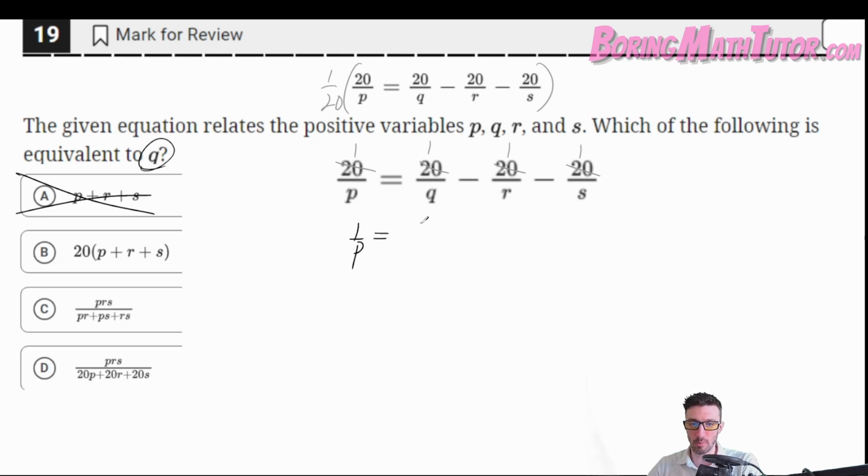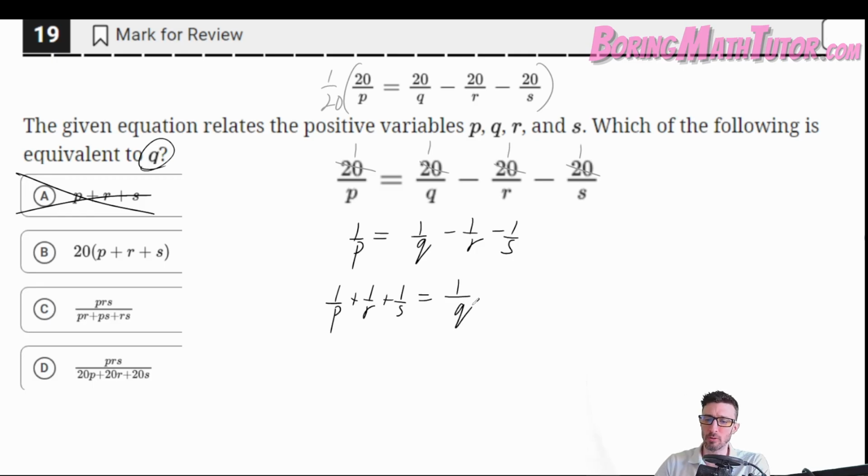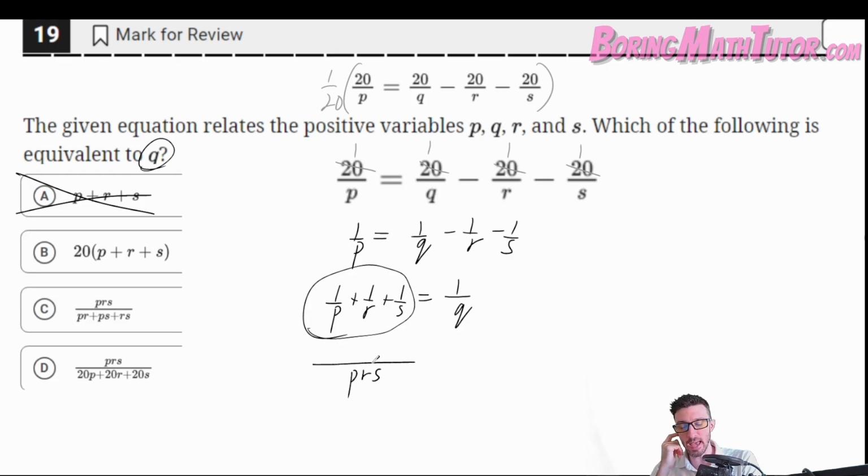We need to start by leaving it as 1 over P equals 1 over Q minus 1 over R minus 1 over S. Now we're trying to solve for Q, so there's a couple of things I could do. One is I do 1 over P plus 1 over R plus 1 over S equals 1 over Q. And now I want to get a common denominator here, which would be PRS.